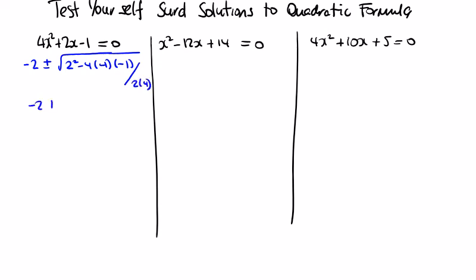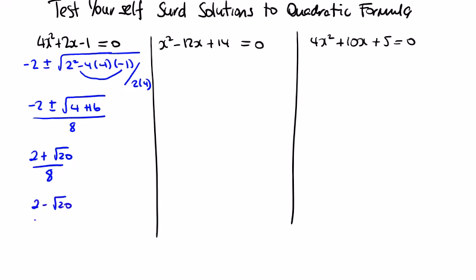So we have minus 2 plus or minus the square root of 4, and 4 4s are 16, and we can see the two negatives are going to give a positive, so 4 plus 16 over 8, which is 2 plus the square root of 20 over 8, and 2 minus the square root of 20 over 8. Come down here and do the square root of 20. Root 4 by root 5, which is 2 root 5.